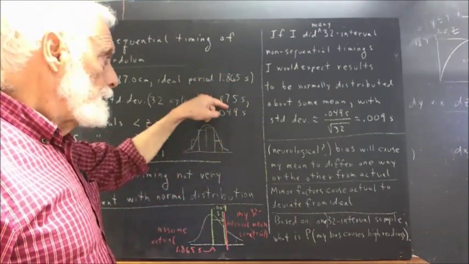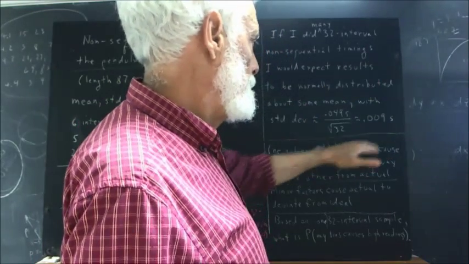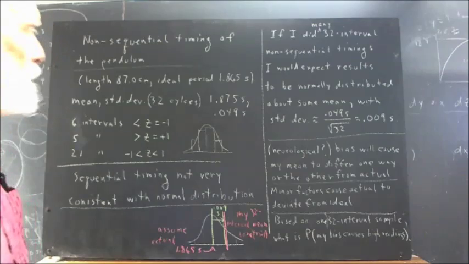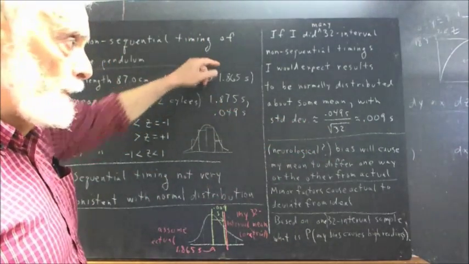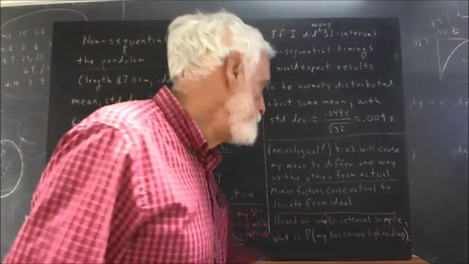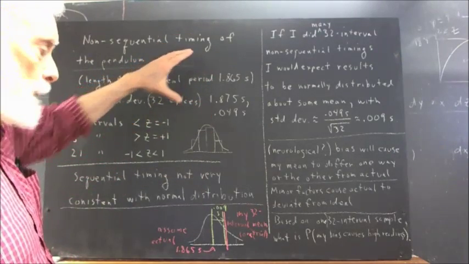Okay, so I'm a little bit high, and the standard deviation of my 32 trial means we would expect to be around 0.009 seconds, so that I'm about a standard deviation higher than the mean, and a little more than that.